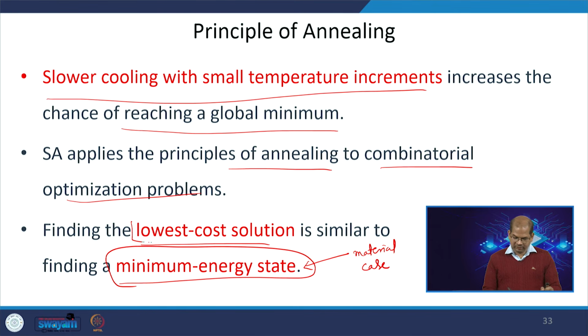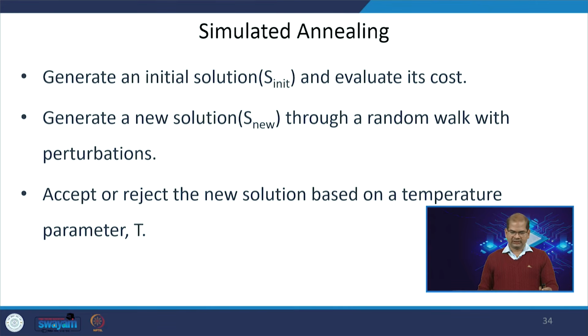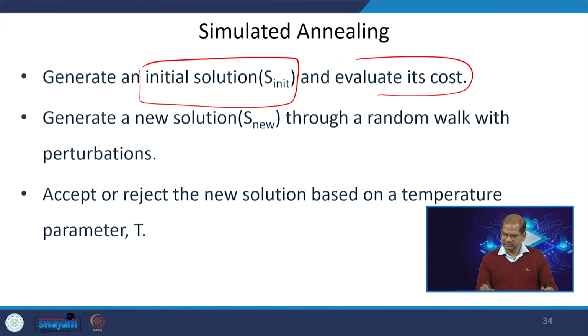But our objective is to find a minimum cost solution. We are exploring the solution space, so in our case we are getting the lowest cost solution to our objective function. We start with the initial solution, evaluate its cost, then go to a new solution through a random walk with perturbation.